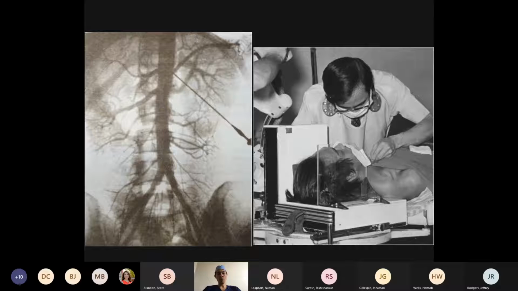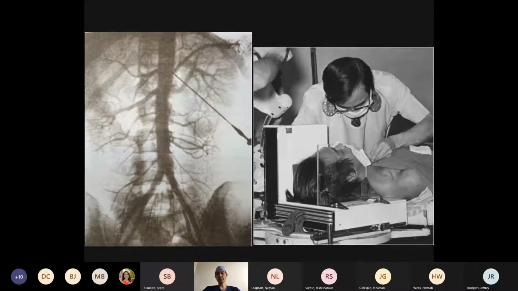Then they would hook up the contrast injector to the needle, inject the contrast, and start to take pictures with the X-ray. Those are static pictures. It was not real-time fluoroscopy. You inject contrast, take the X-ray, and then go get those films developed, and hopefully you were in the right spot. But that's the way arteriograms were done in the past.